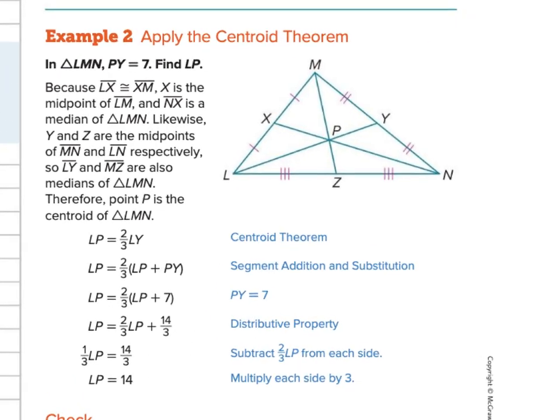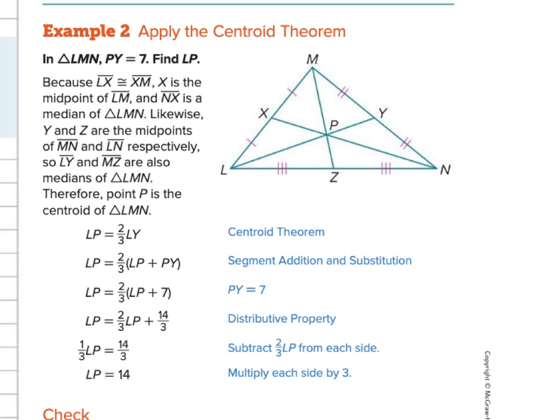All right, so with that, using some of this information, they've told me that PY is 7. Well, I know that PY is 1/3 of LY, because it's the little piece.